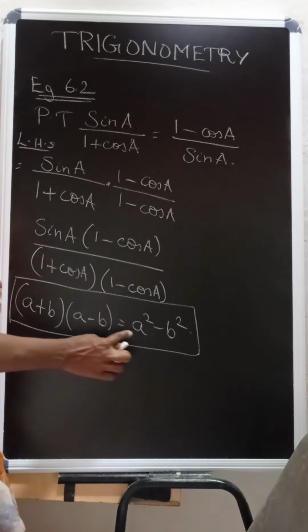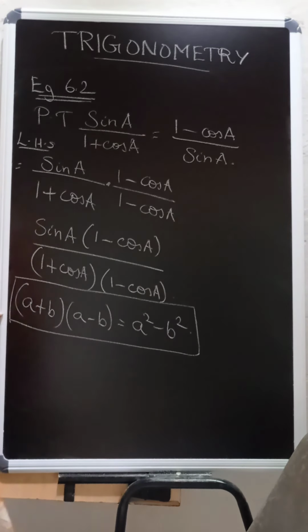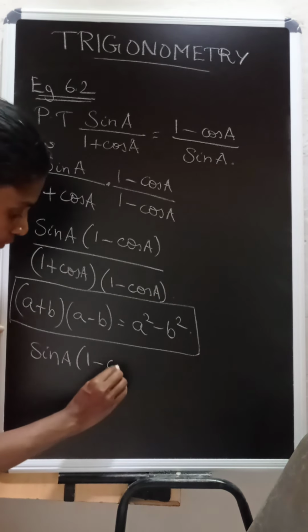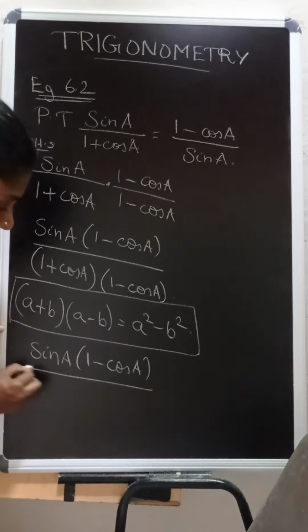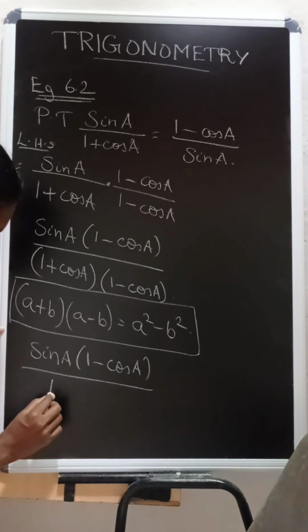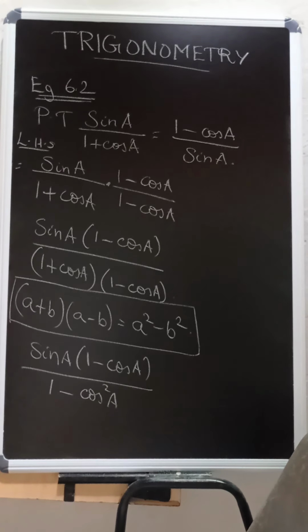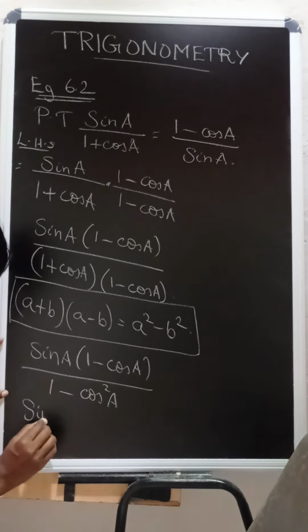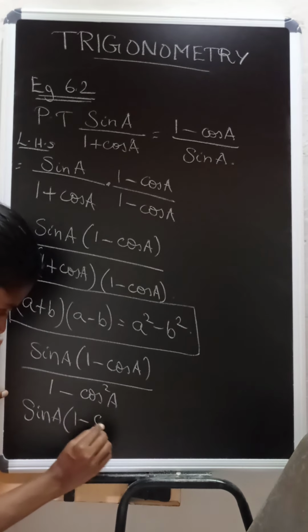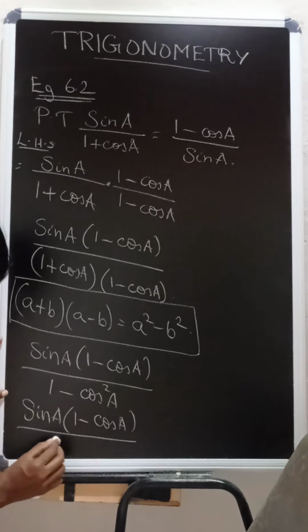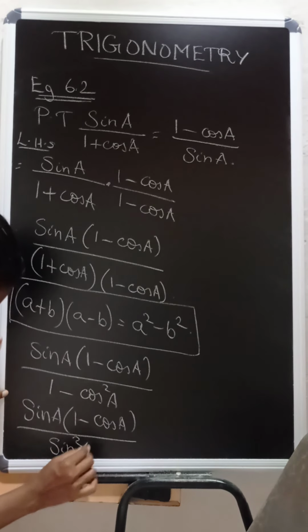A plus B into A minus B is equal to A square minus B square. So now sin A into 1 minus cos A divided by, you can write this as 1 square minus cos square A. So 1 minus cos square A is nothing but sin square A.